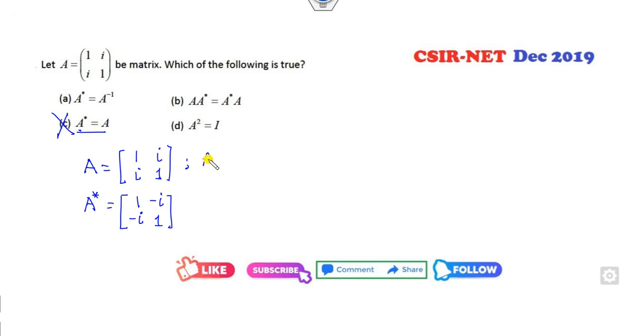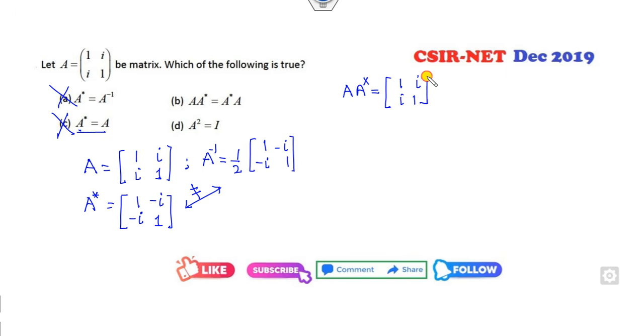Can you find the A inverse? Determinant is 1 plus 1, 2, then 1, 1, minus iota. Clearly these two are not equal. A into A transpose: what is A into A transpose? 1, iota, 1 and 1, minus iota, 1.